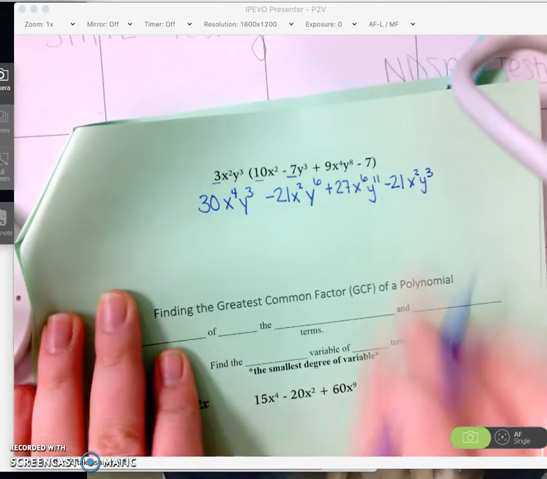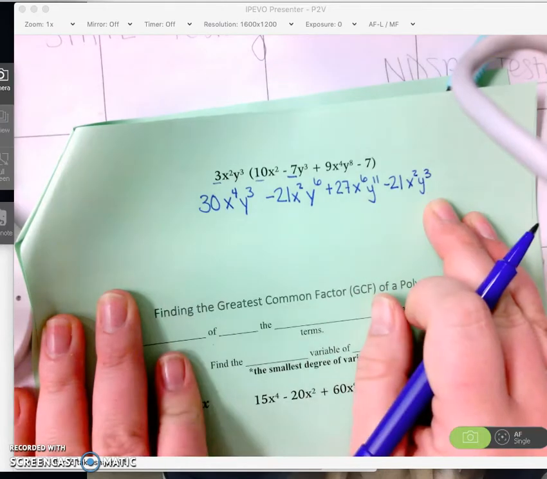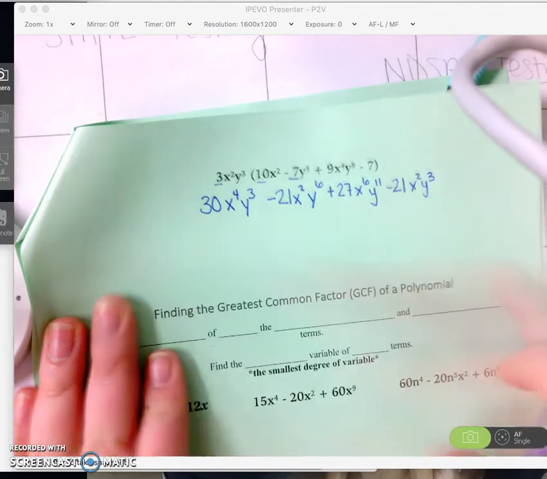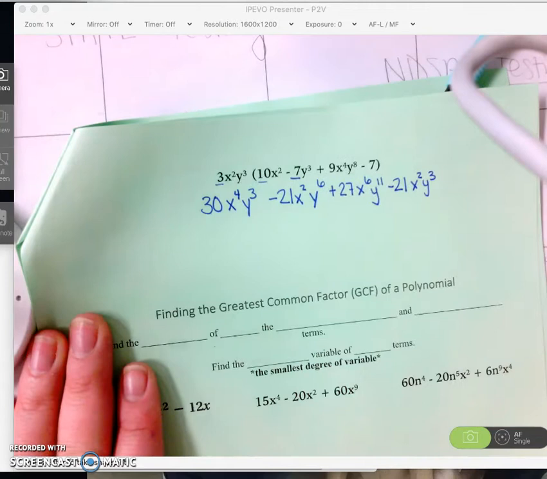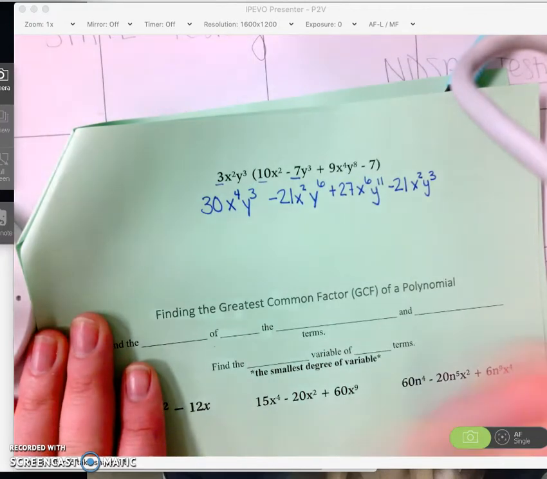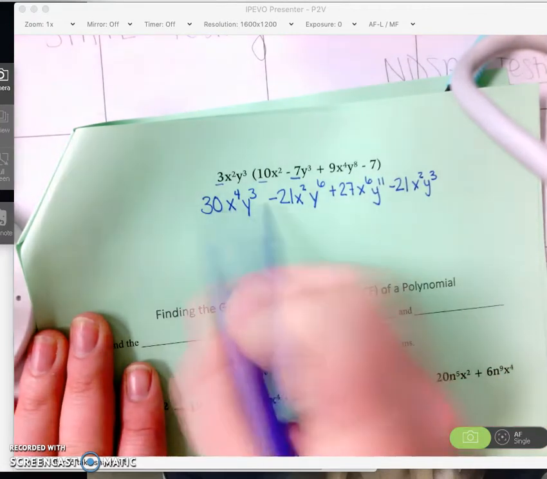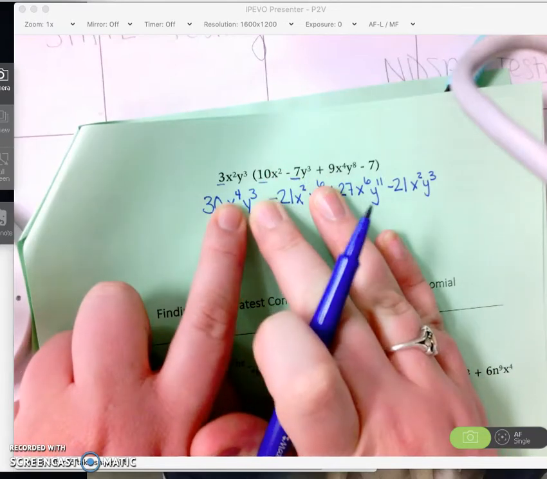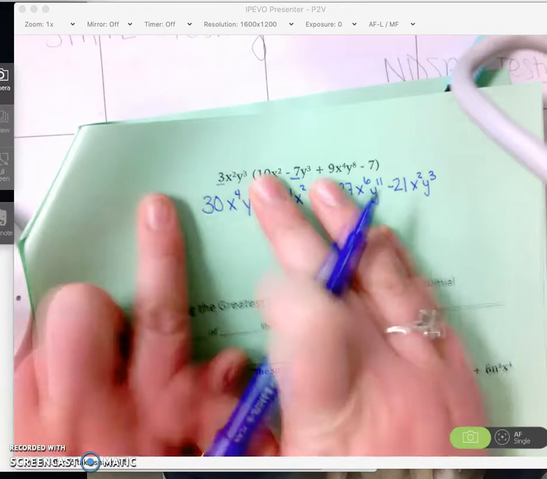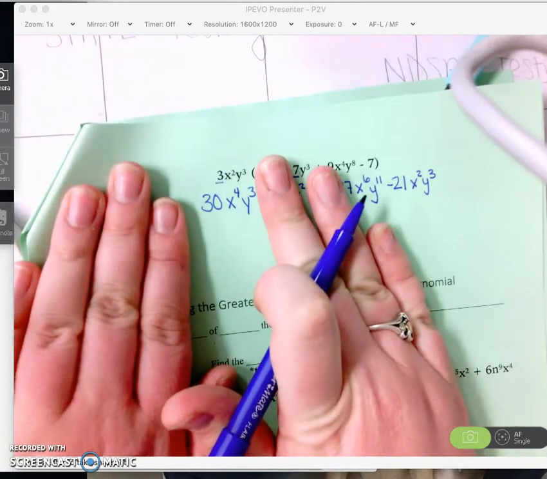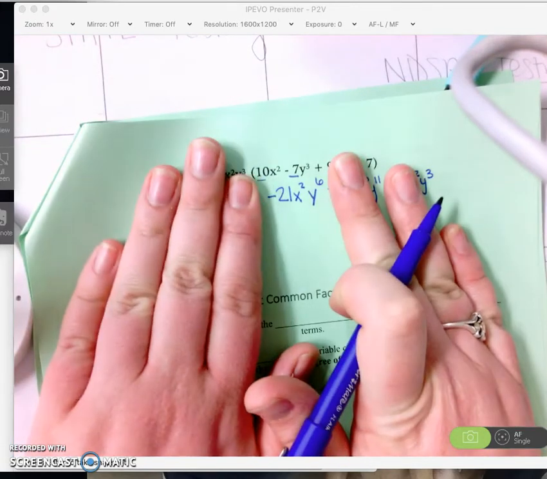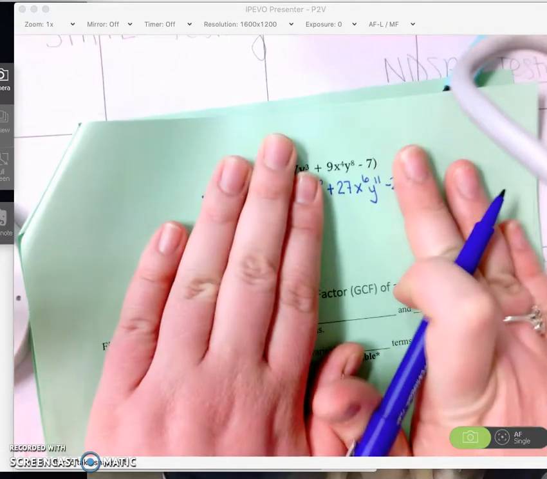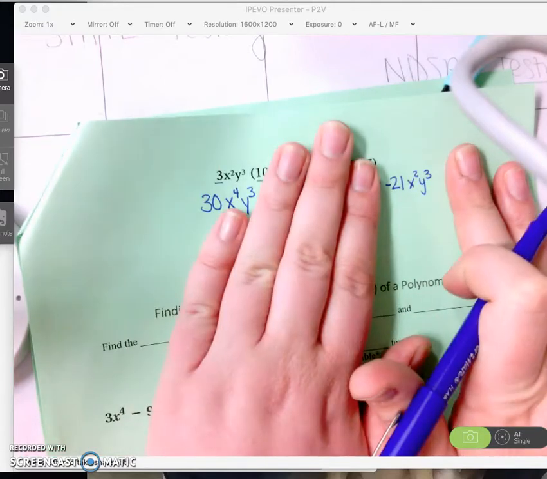Again, I want to write this in standard form. So I need my biggest degree. This is my monomial. Remember, when I have 4 and 3, I would add them together. So this is to the 7th degree. This one is to the 8th, this one is to the 17th, and this one's to the 5th.